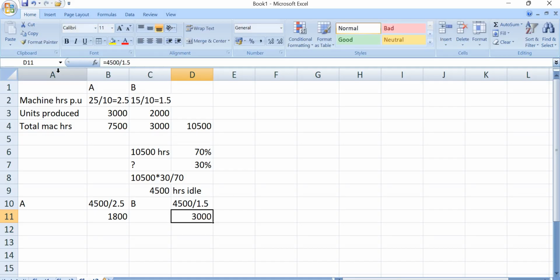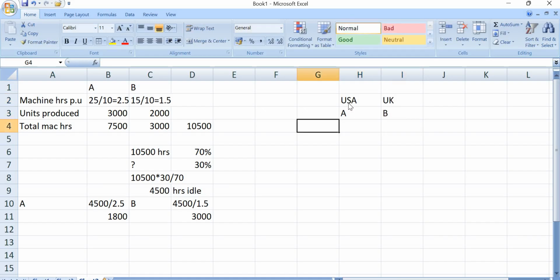So let's decide whether I want to produce A or B. Now I need to calculate contribution per machine hour, based on USA and UK. USA is product A, and UK is product B.